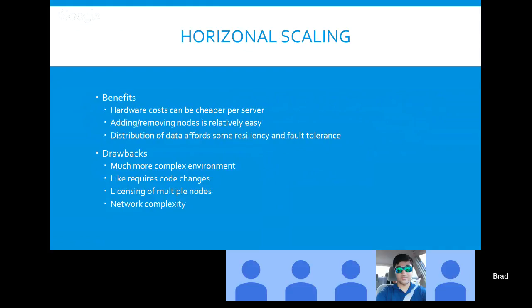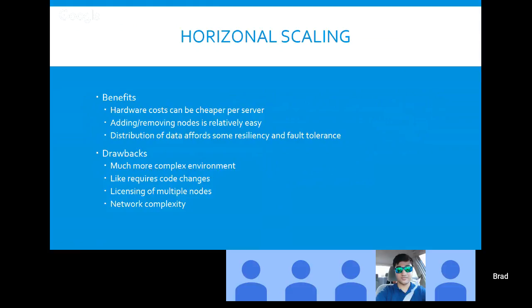And what I mean by that is you don't necessarily need the high-end servers when you have many, what they call commodity servers, less expensive servers in a cluster. That can reduce some hardware costs on a per server basis. Also, adding and removing nodes can be relatively easy. Distribution of data affords some resiliency and fault tolerance.